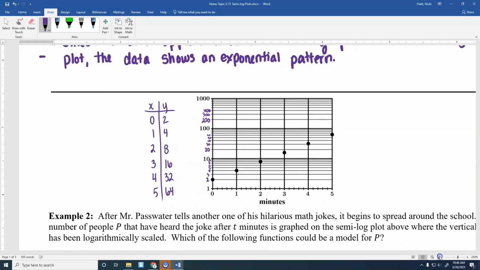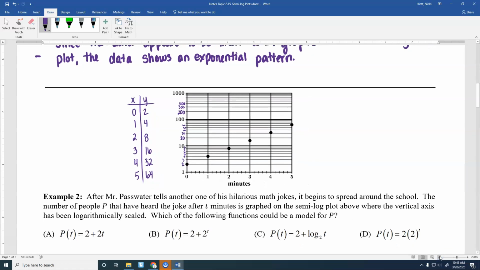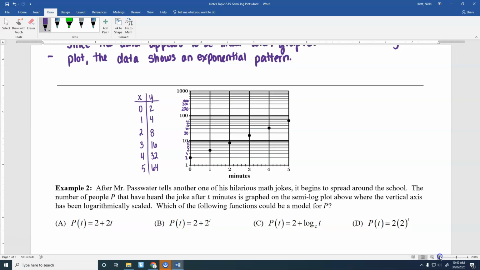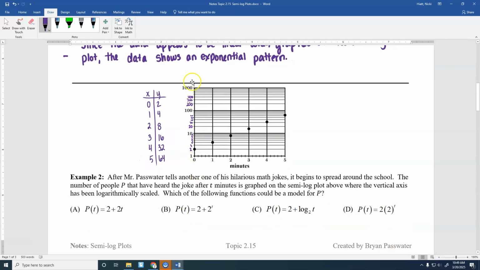They don't have to. It could be like 2, 4, 8, 16. It could go up by different numbers. It's usually by tens for that. Also, notice right here, a semi-log plot doesn't have an origin. It doesn't have a 0, 0, because it can't ever get to a 0, 0. Because if we're scaling it like this, here I started at 1, I counted by 1, 2, 3, 4, 5.